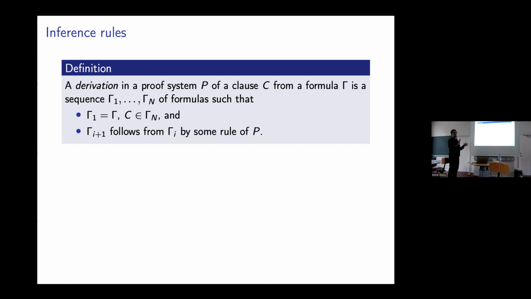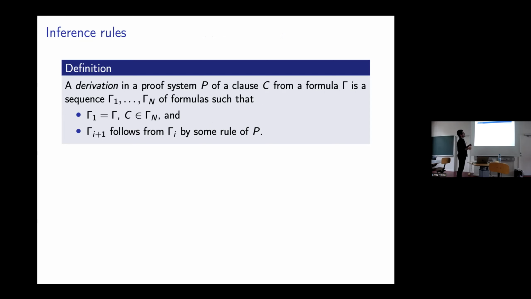And we will make inference rules out of these, like I said. So we will be talking about concrete proof systems in which proofs are a sequence of formulas that you derive from one another with respect to the rules of the proof system.